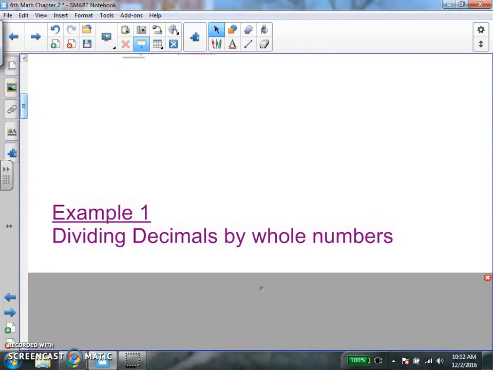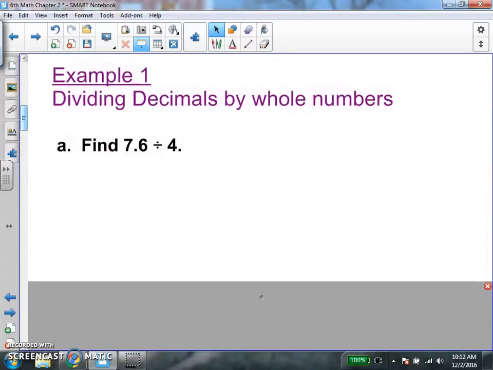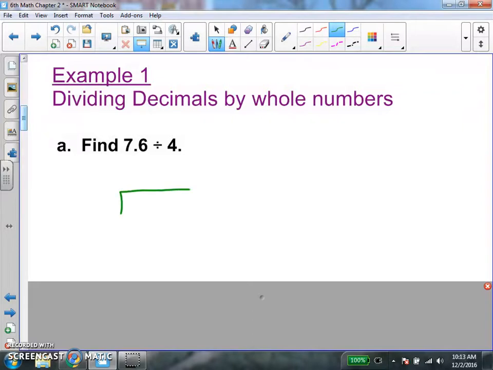Let's go to our very first example of dividing a decimal by a whole number. It says for letter A, find 7.6 divided by 4. Okay. This a lot of times can confuse students when they're setting up their long division sign. So write this down and actually put in arrows so that you know where each number goes.